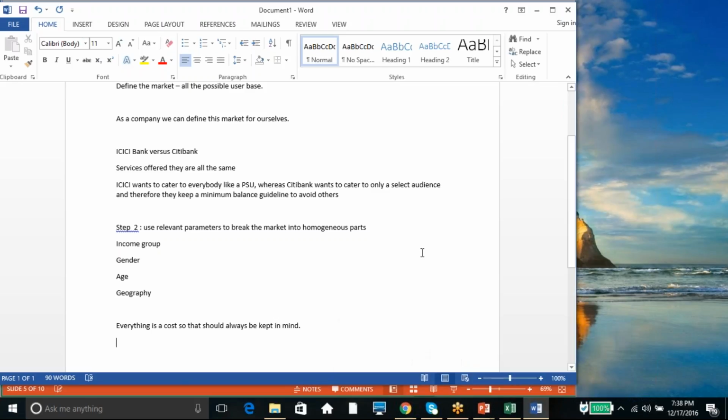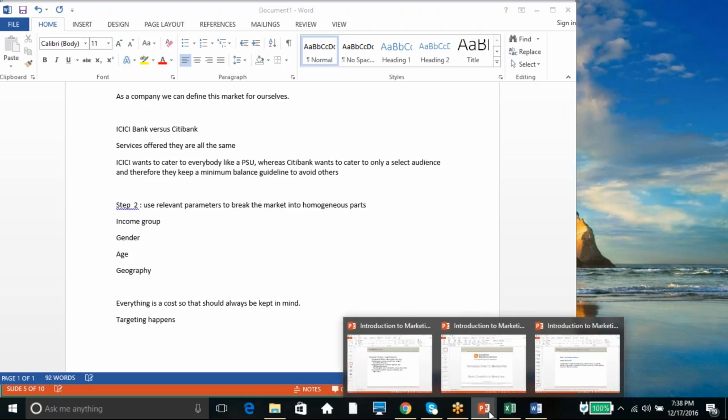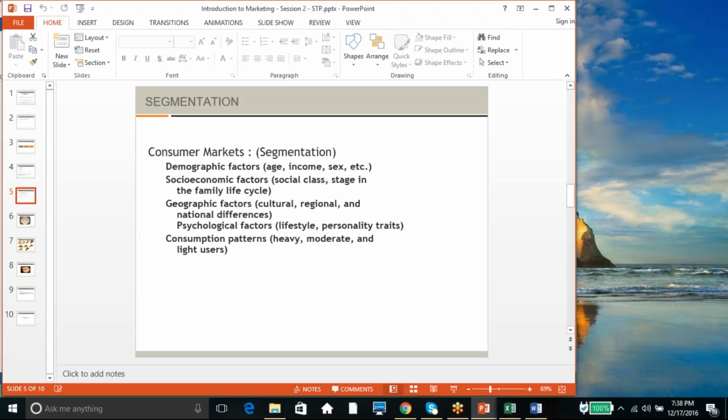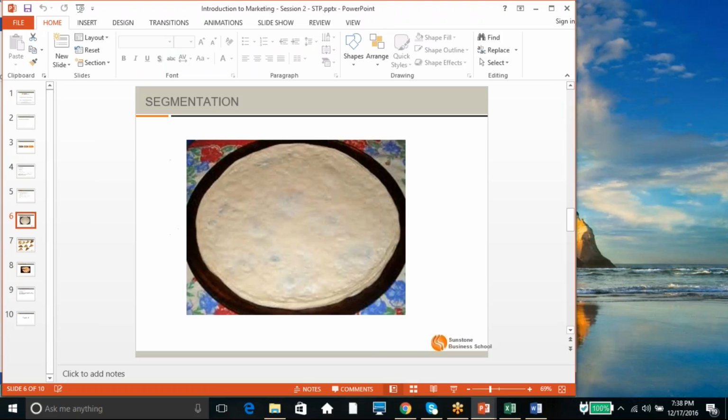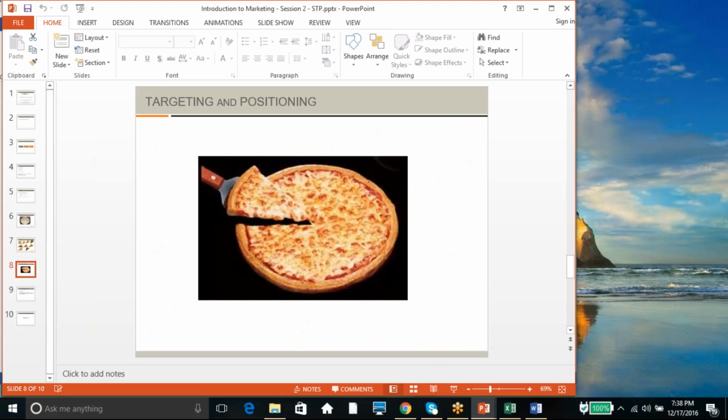So once you've broken it into parts, that is when the targeting happens. So those target groups, so it's like a pizza. You've cut them into different parts, then you go for what you really want. Okay.